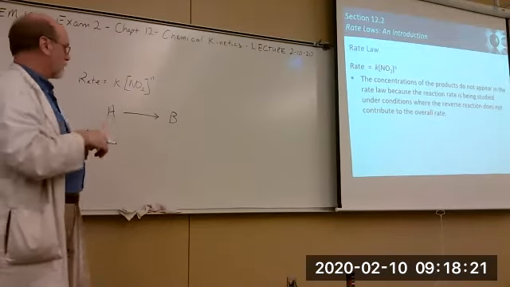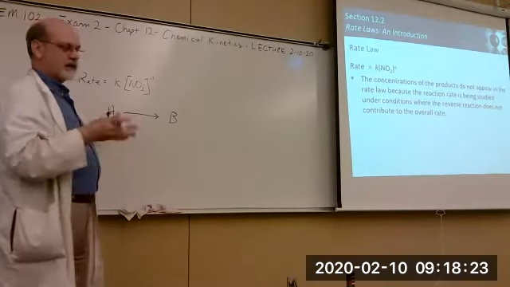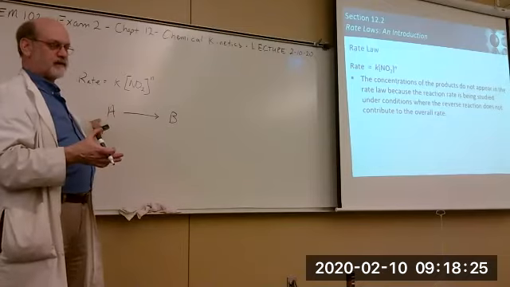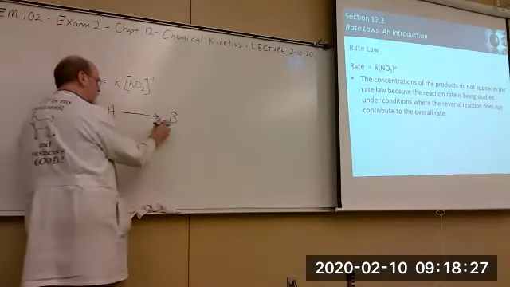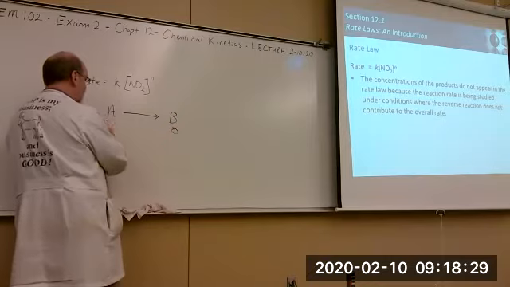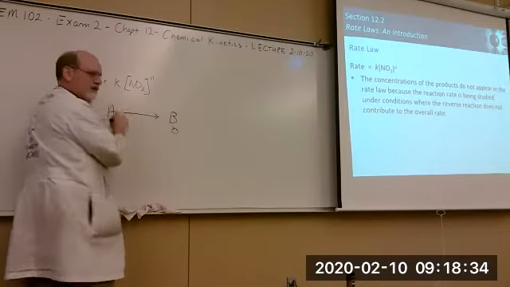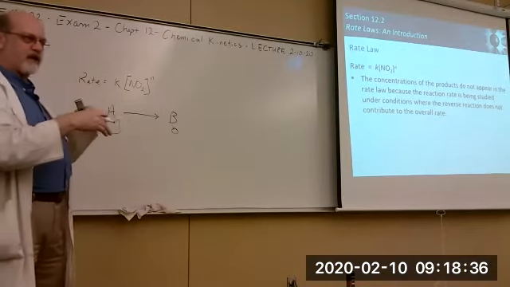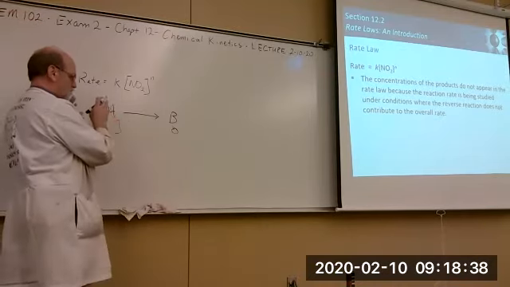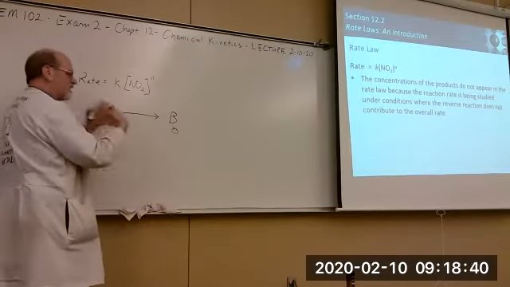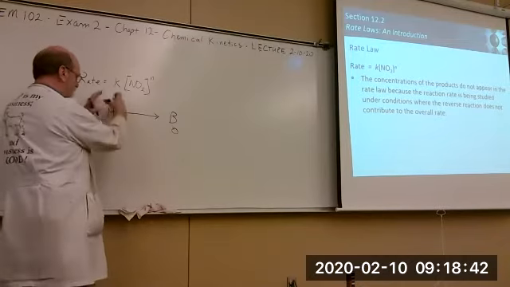And that's called the study of initial rates. So you set it up so that B is 0 to start with, and A is something. And then you study the rate at the very beginning of the reaction, and you tease out information about the reaction based on just that.